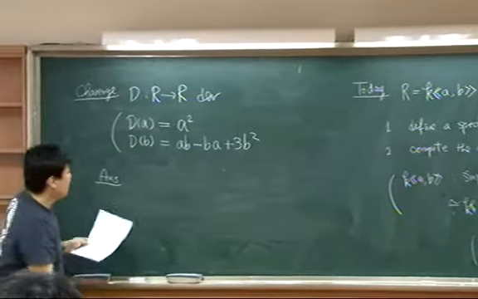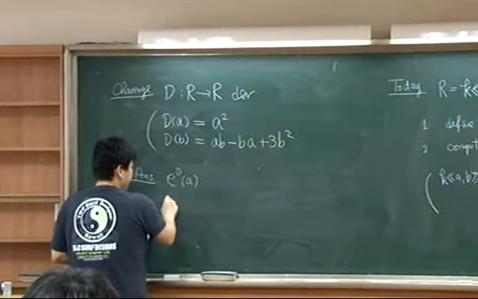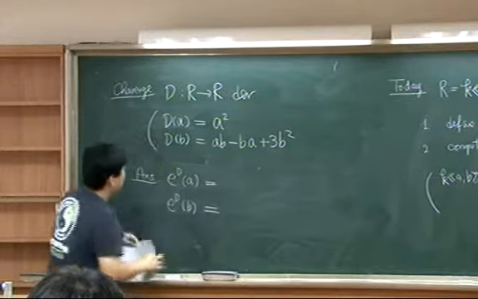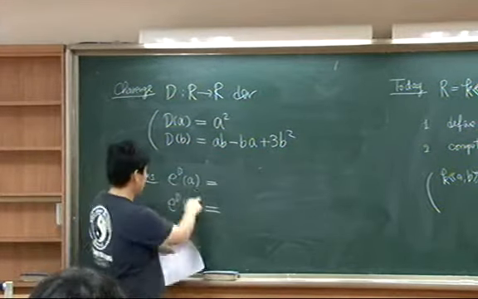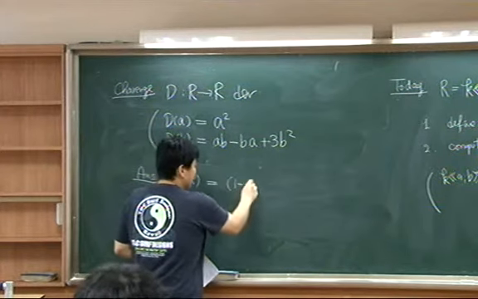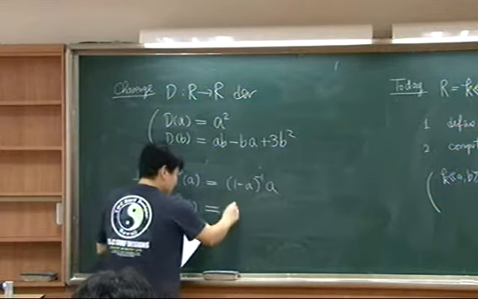But I can write the answer. The image of A is the same, so the answer, the image of A under e to the D, is the same, 1 minus A inverse A. But the image of B is more complicated.